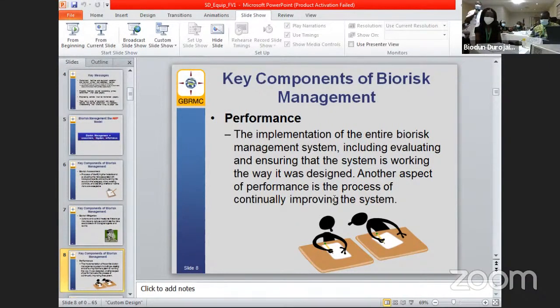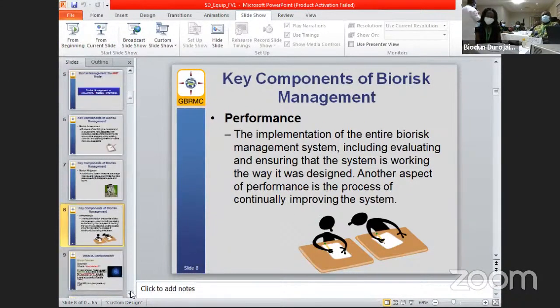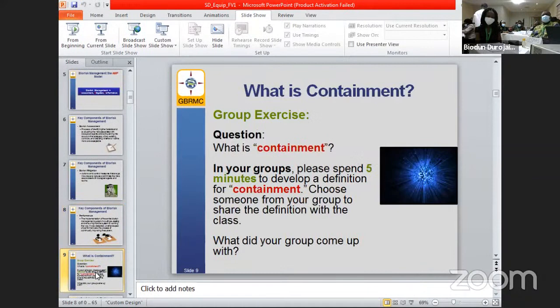So the question is, what is containment? What is containment? I don't want a textbook answer. No textbook answer. No student manual, no participant manual answer.